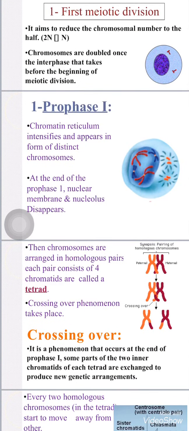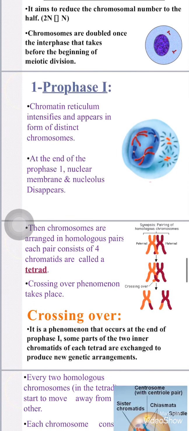This is the difference between prophase 1 and the prophase in mitosis. In mitosis, the chromosomes were in a singular pattern, meaning each chromosome is alone on its own, okay? Here in prophase 1, the chromosomes are arranged in pairs, okay? They stand in pairs. Each two homologous chromosomes stand near each other, okay?